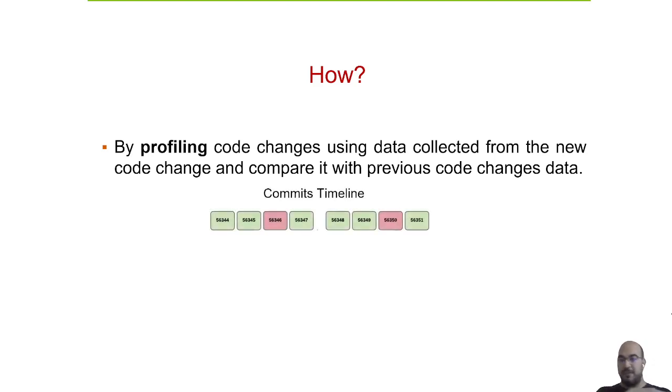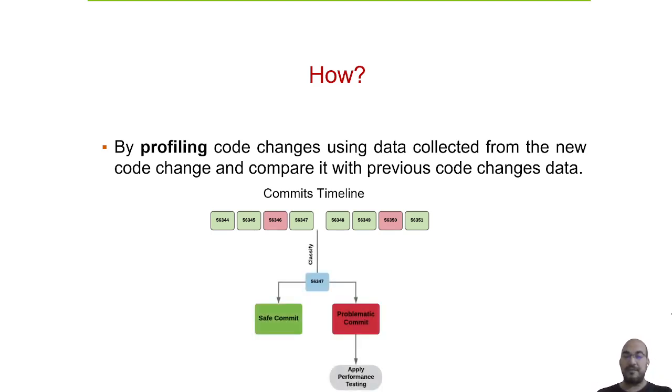If we have, for example, this timeline of commits, which are several code changes, the ones in green we can see as benign, typical, they're fine, they don't introduce performance regression, while the red ones here are problematic. Given this history of previously known commits that are either problematic or not, if we have a new commit that has already been submitted to the system, we can make a decision whether this commit is going to be safe or problematic.